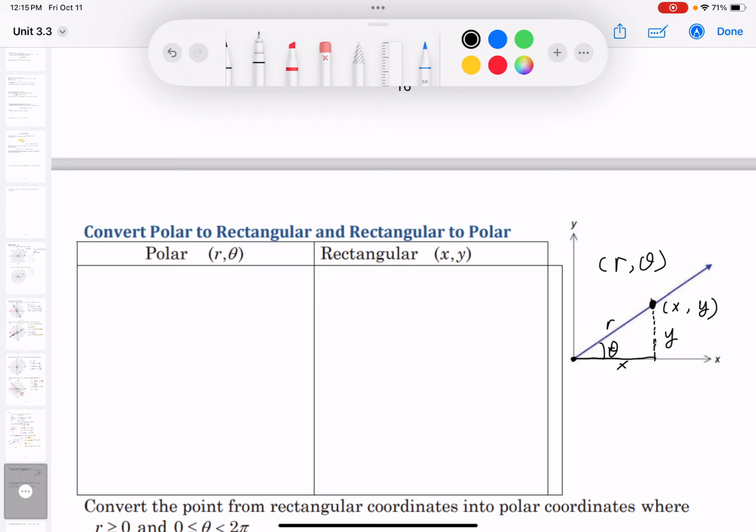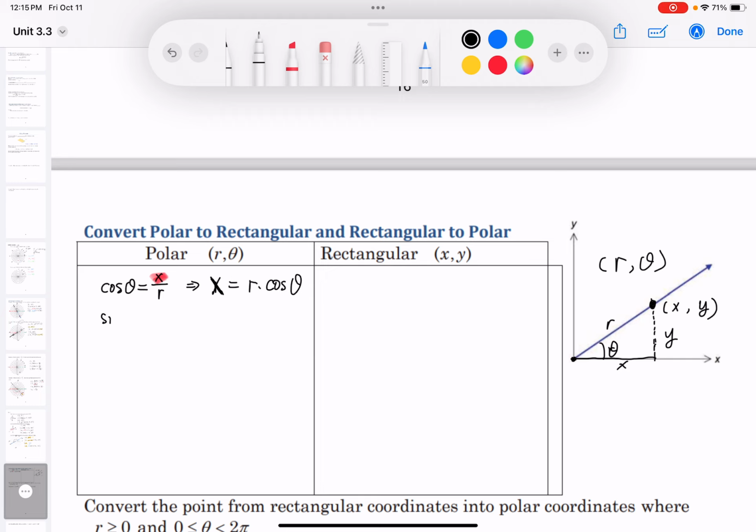So cosine theta equals adjacent x over r. To isolate x, multiply both sides by r, and we have x equal to r times cosine theta.